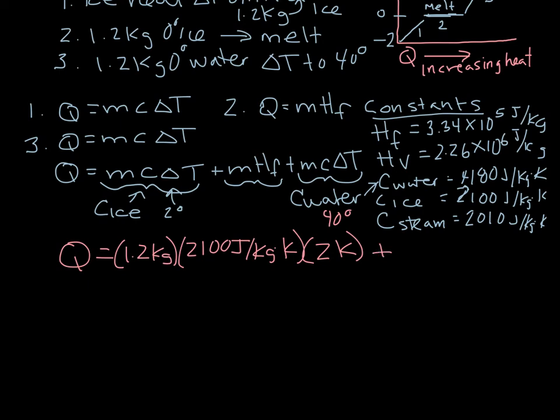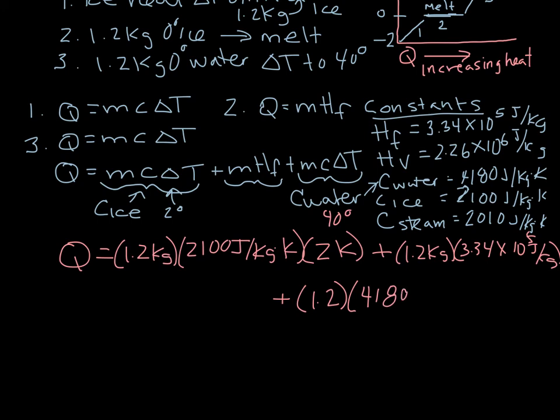Next is the melting phase, step 2, 1.2 kilograms times the heat of fusion for water, which is a constant, 3.34 times 10 to the 5th joules per kilogram. And the last step is another MC delta T, 1.2 times the C of water this time, times a temperature change of 40 degrees.